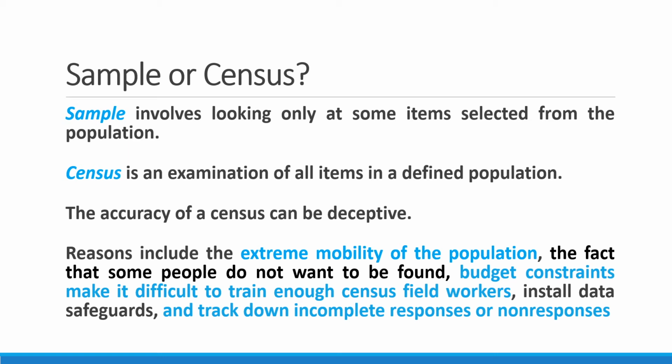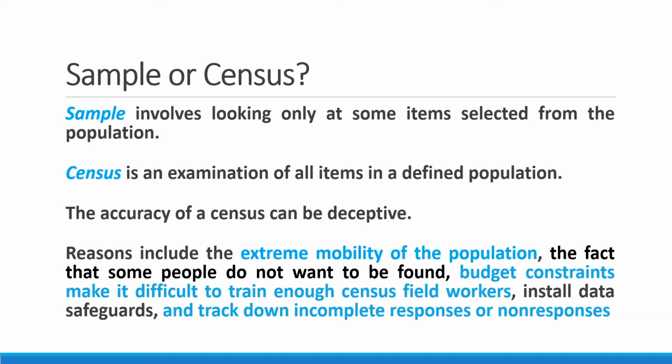The main problem with census in this case is the extreme mobility of the population. We mean by this that the number of citizens who are residents in Cairo governorate is not fixed. How is that?